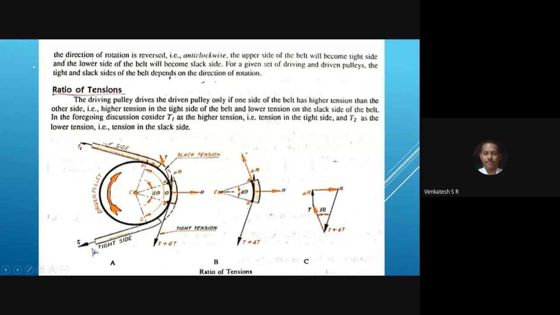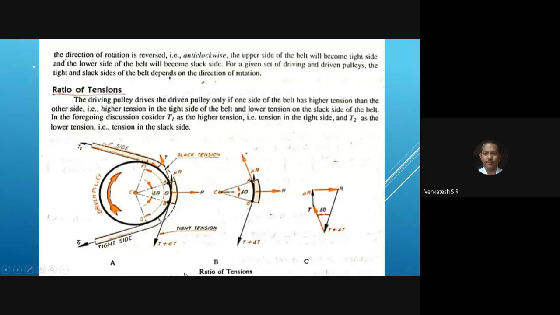T1 is the tension on tight side. T2 is the tension on slack side. Theta, contact angle.